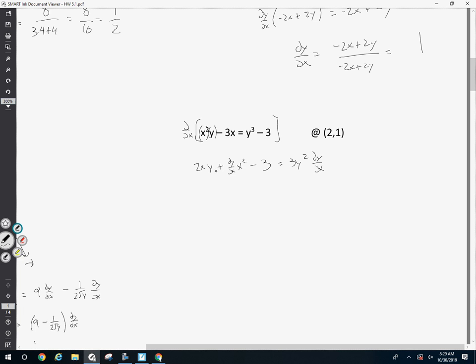You already got the 2xy and the -3 over here. Might as well leave it. Move the x squared over. Factor out the dy/dx. Divide to solve.